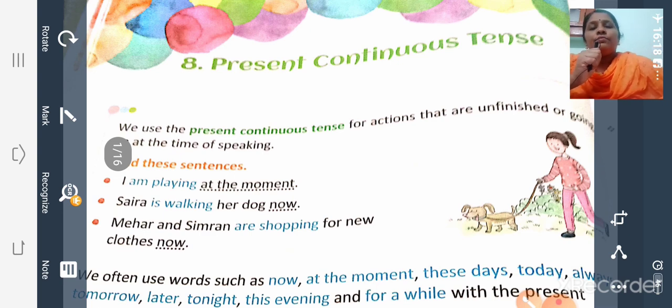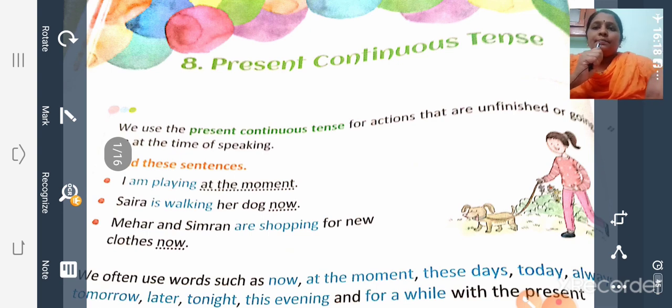The form of simple present tense is subject plus base form of the verb, and if it is singular, subject plus base plus s or es. Okay, so I hope all of you studied that lesson and did all the exercises.